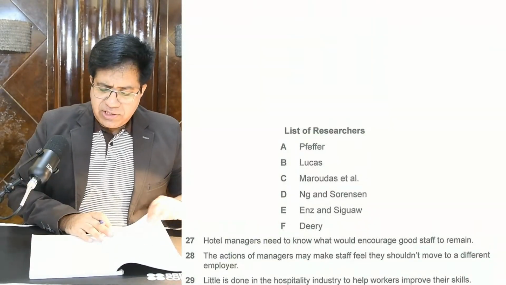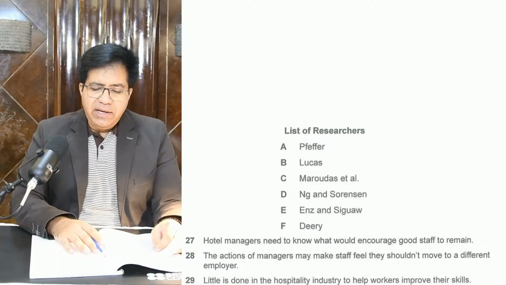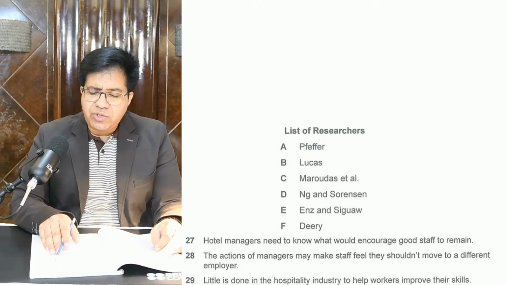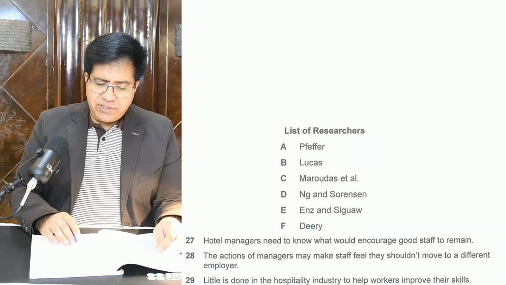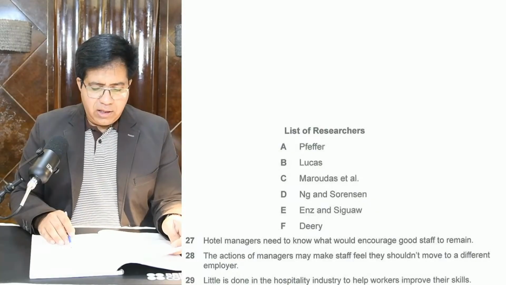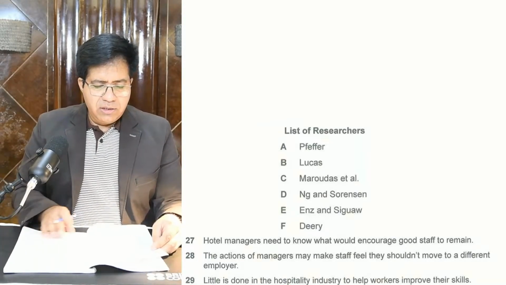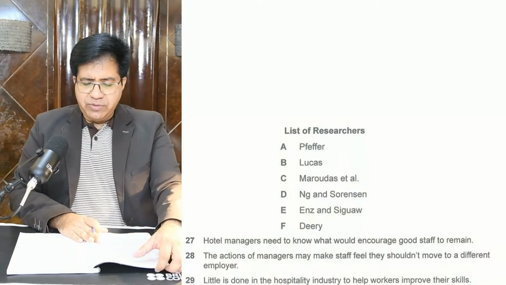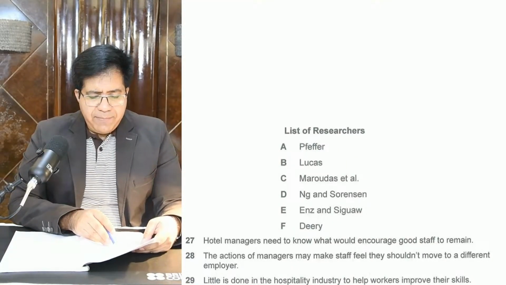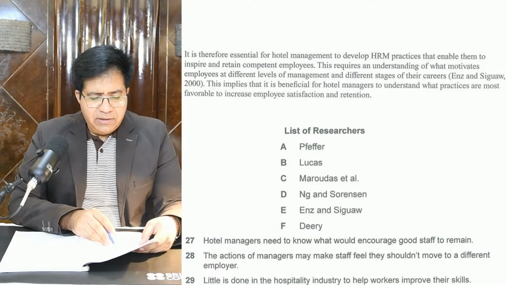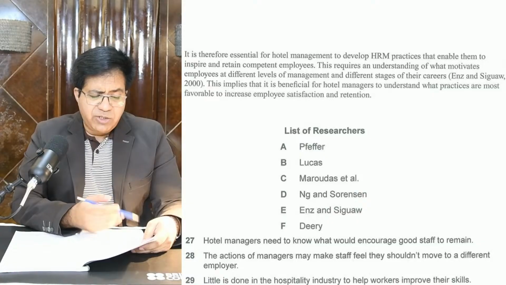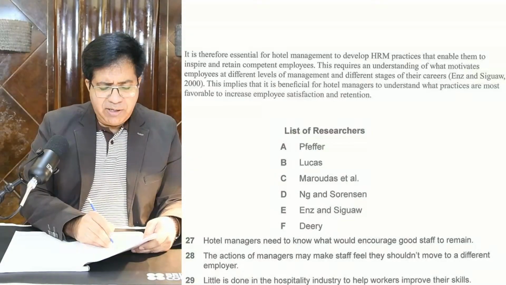Okay, now how many questions are left? And that is 27. Hotel managers need to know what would encourage good staff to remain. And who is the next person? NZ and Sigwa. Where is NZ and Sigwa? Second page, 3rd paragraph, 2nd line. This requires, we need to read from the beginning, otherwise we don't understand what they mean by this.